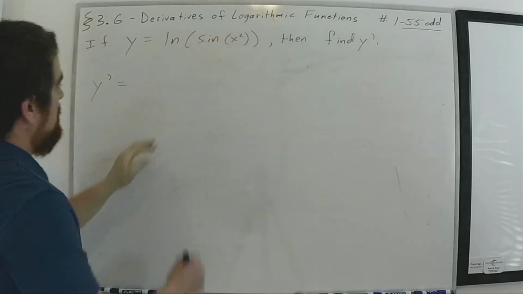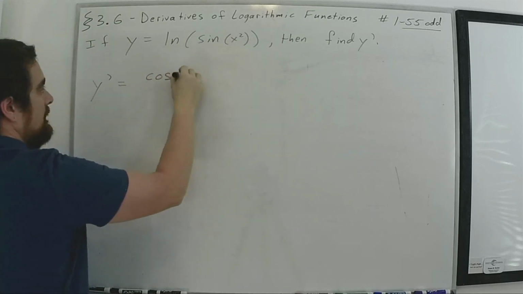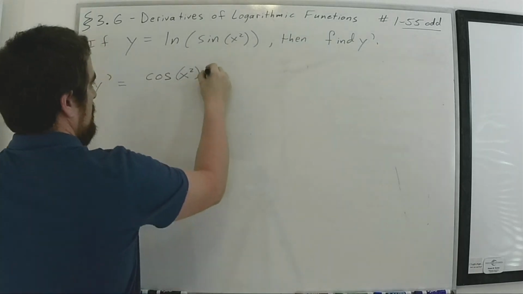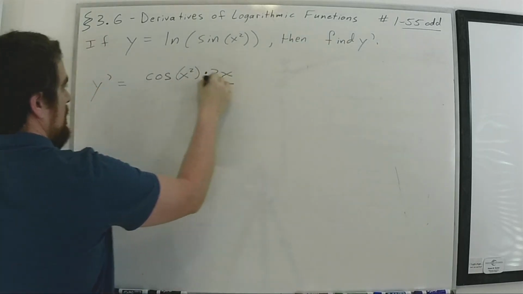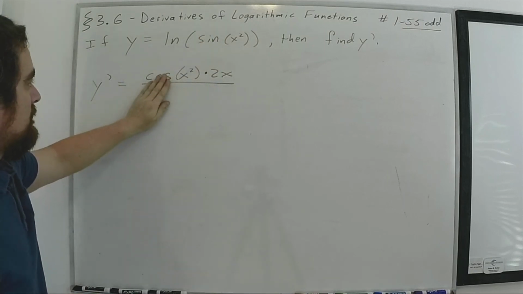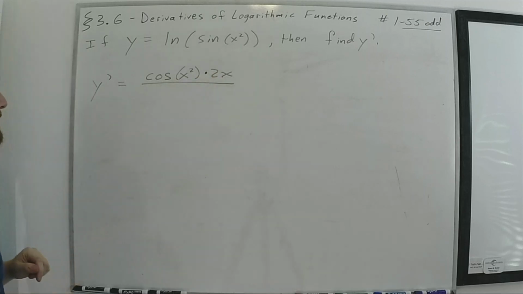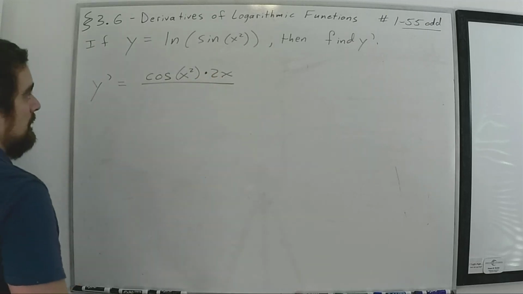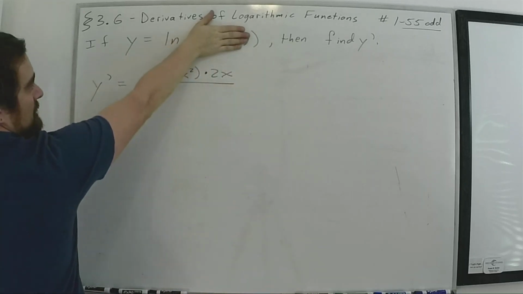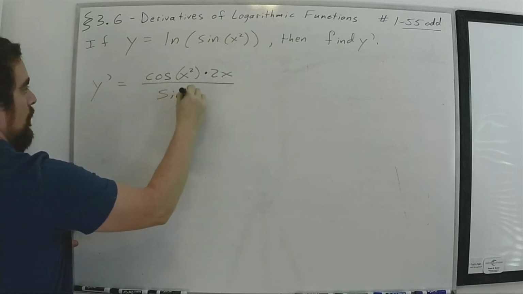I differentiate the outer function, sine of x squared, to get cosine x squared. But then the derivative of the inside is 2x. That's chain rule. I differentiate the outer function, rewrite the inner function, and then chain rule says multiply by the derivative of that inner function x squared, which in this case is 2x, over the inside. Because remember, I'm differentiating the log, right? That's the big boy log function. So I do the derivative of the inside over the inside.